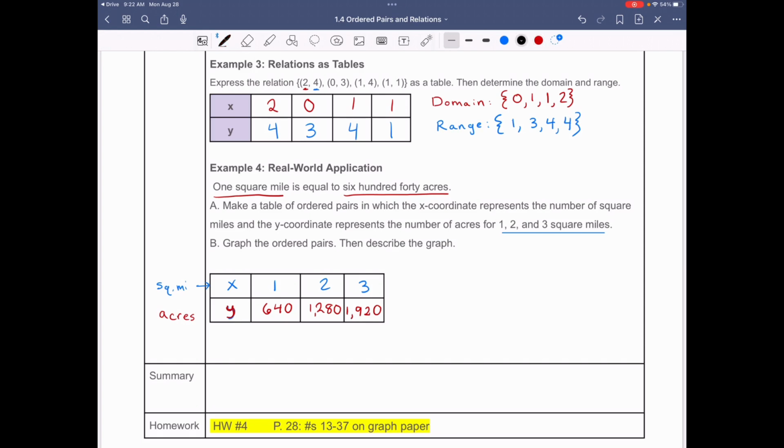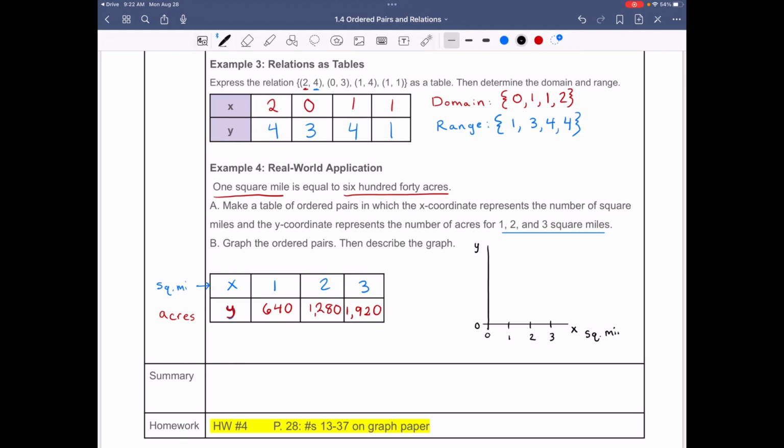So over here, we're going to draw a y-axis and an x-axis. Okay, and we're going to have (0, 0). And in the x-axis, we're counting by ones: 1, 2, 3. And that we're going to label as square miles.